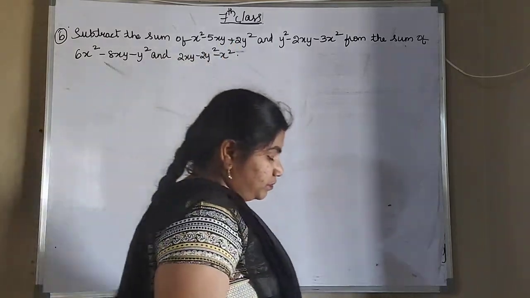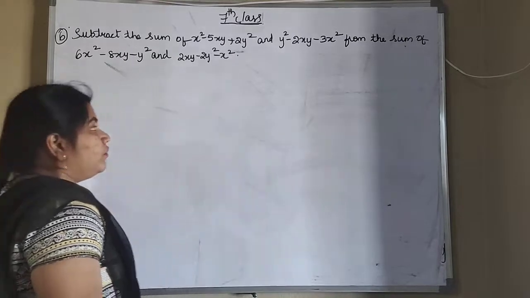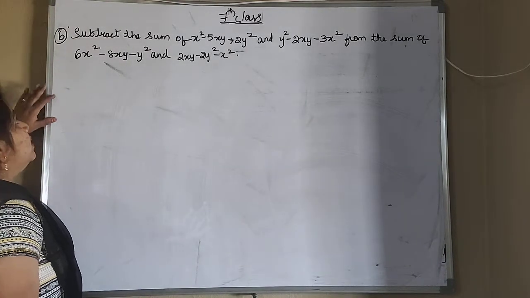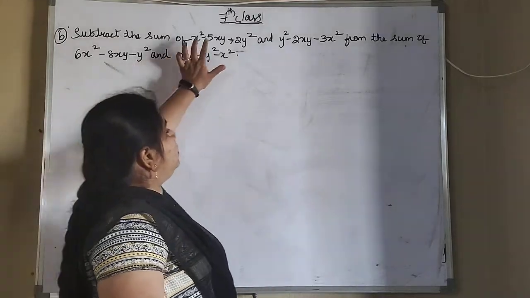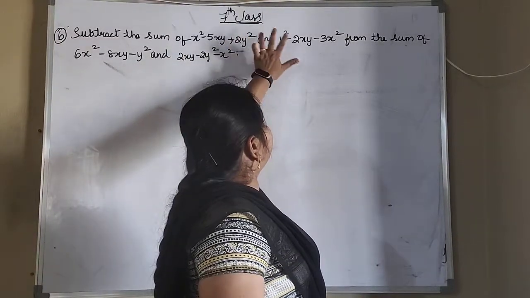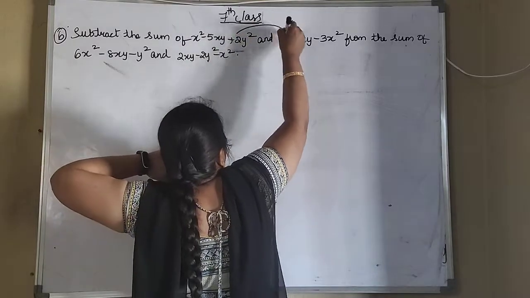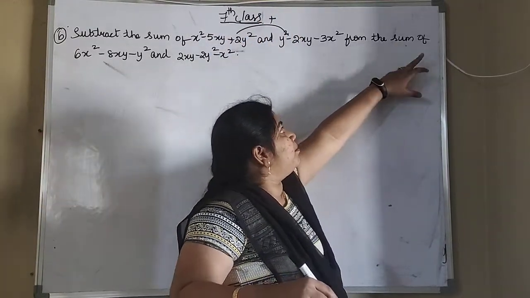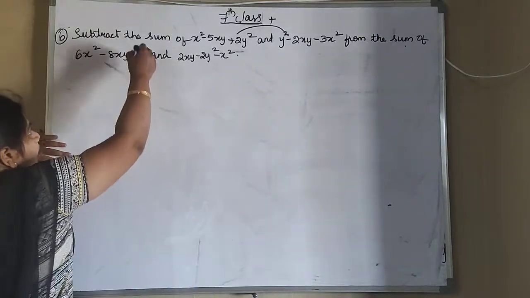So this is our sixth question. The question is very big, so we will see what this is. Subtract the sum of these two. First we have to add these two expressions, and from the sum of the other two expressions, again we have to add.